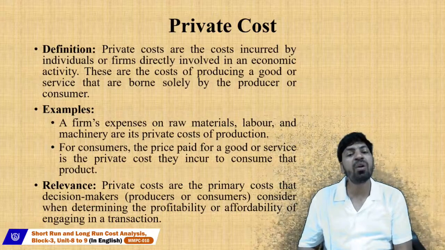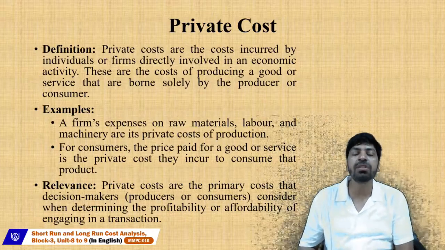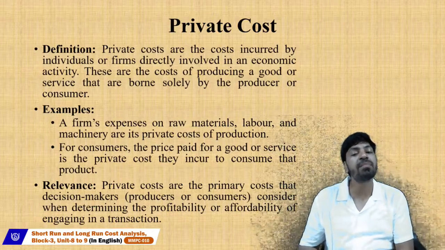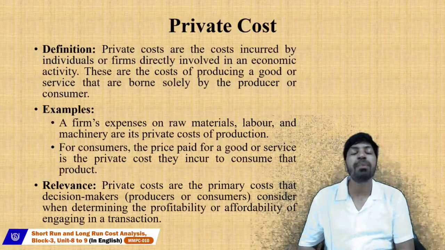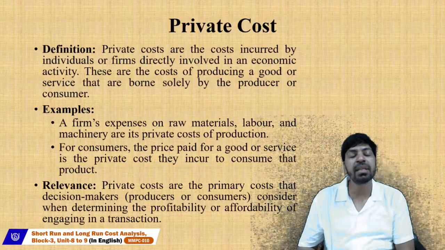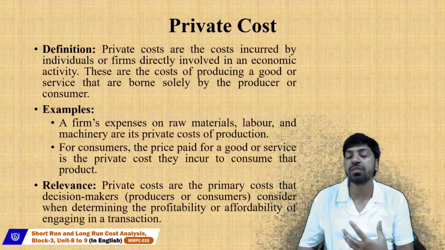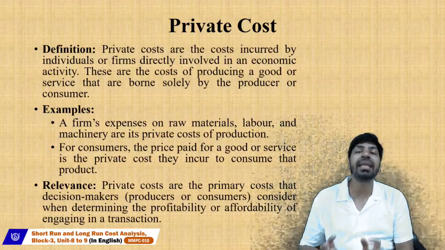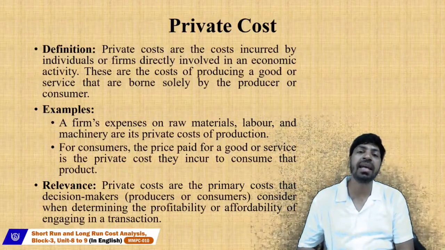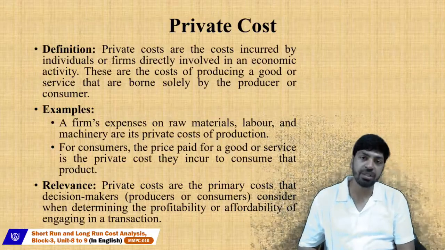Private costs are the primary costs that decision makers consider while determining profitability, whether they will earn a profit on a particular product, or affordability in engaging in a particular transaction.